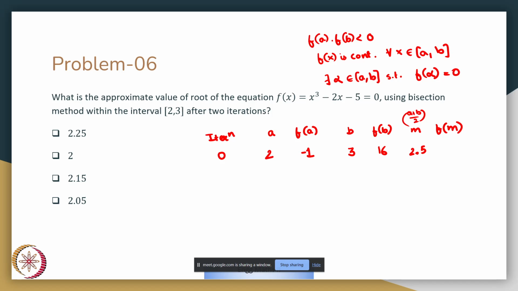With this in mind, we have our initial bounds as 2 and 3 and the midpoint as 2.5.